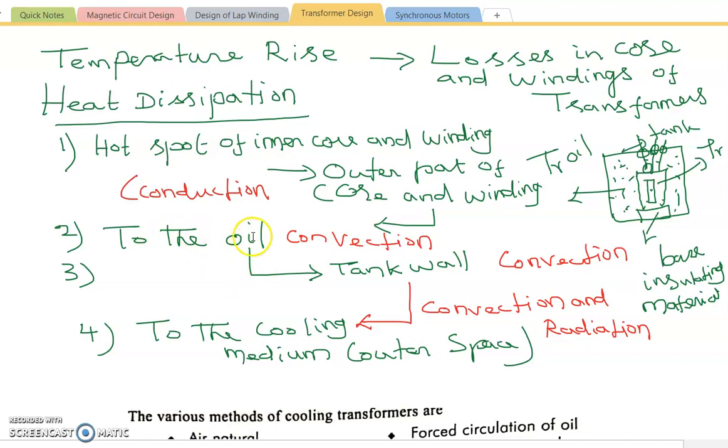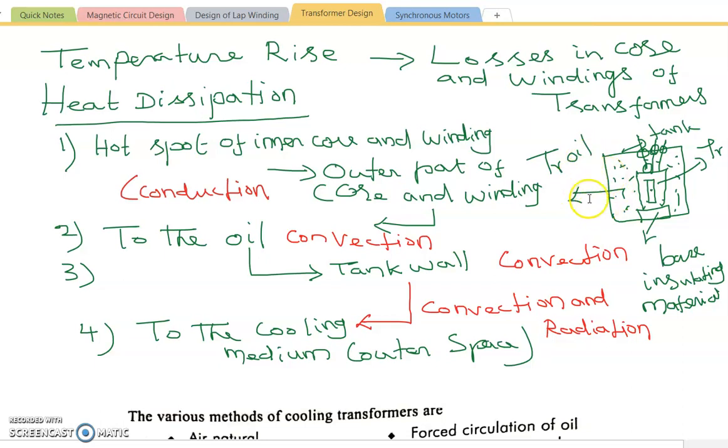And then from the transformer oil to the tank wall, the heat is dissipated through convection. And then from the transformer tank wall to the cooling medium: if no cooling medium is provided, air is the cooling medium. If you have transformer cooling tubes, the heat from the tank wall will be transferred to the cooling tubes, where we have a cooling medium such as forced air or forced water cooling.